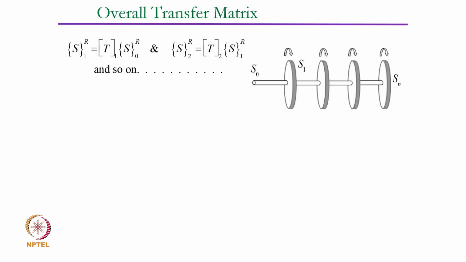Therefore, S1R will be related to S0R, the previous segment's right side, through the first transfer matrix. Now if I call this S0 and this one S1, of course the right side of it, then S1R is going to be this state vector and S0R is going to be this state vector. They will be related through a transfer matrix T1.